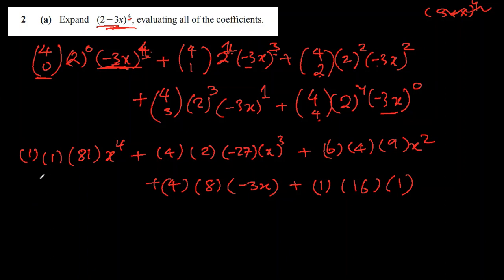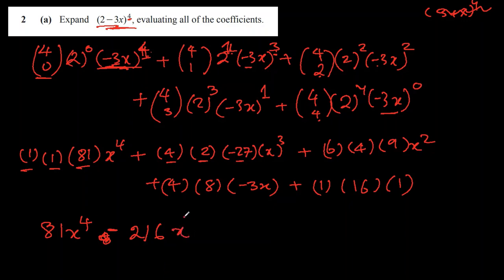So, what do we get here? 1 times 81x to the power 4, 81x to the power 4, plus 4 times 2 is 8, and 8 times 27 will be 216, and negative, not positive, because 27 is negative.